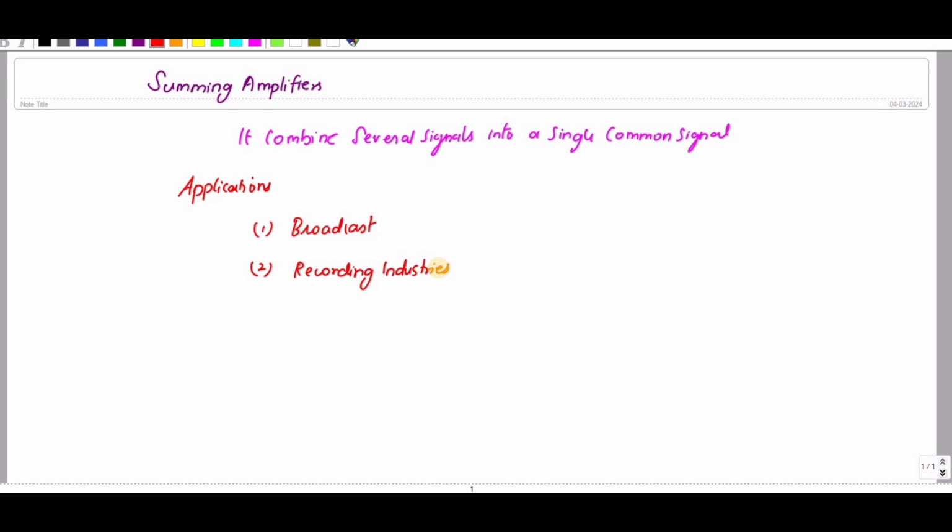The most common summing amplifier is an extension of the inverting voltage amplifier, because the input of the op-amp is at virtual ground.